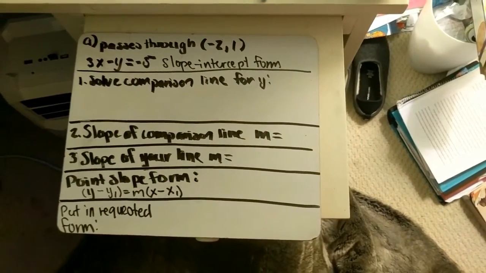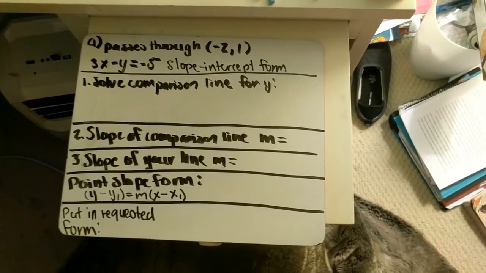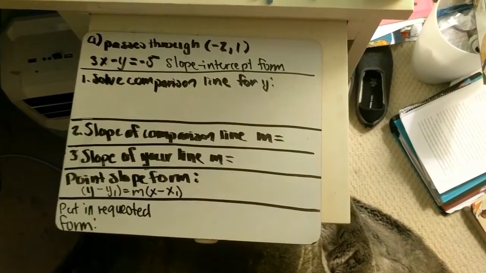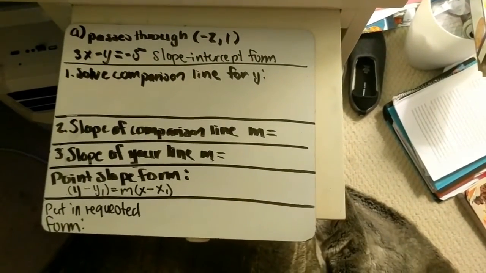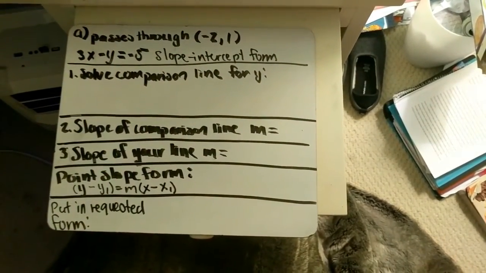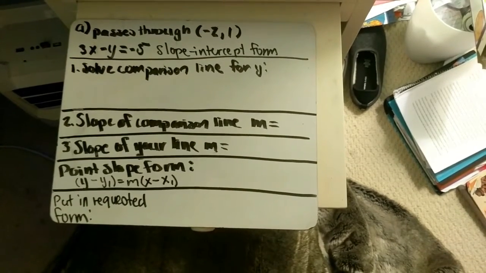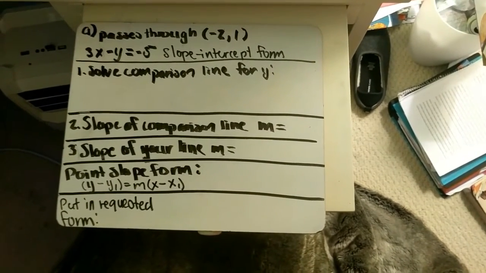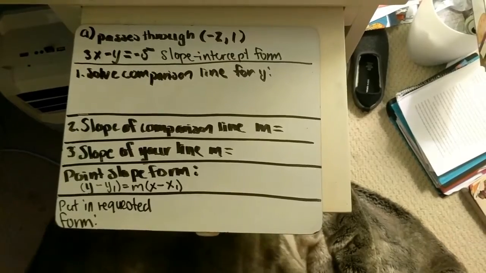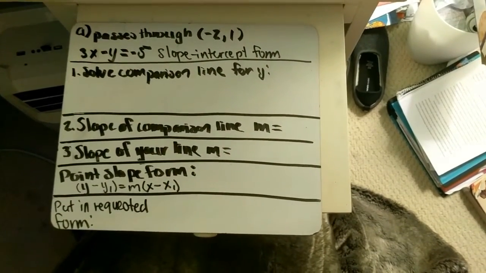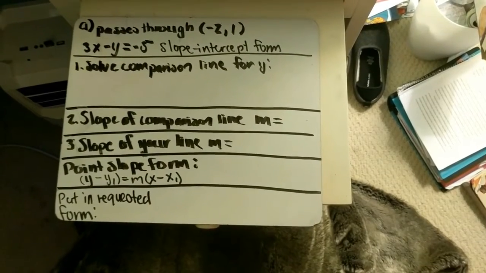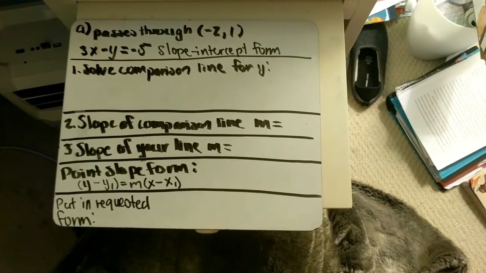Perpendicular, however, will use the opposite reciprocal slope. Fourth, write the equation in point-slope form using the point you were given and the slope you decided on in step 3. Fifth, if requested, change to the proper form of the line. There are 3 types of forms as we have already discussed: standard form, slope-intercept form, and point-slope form.